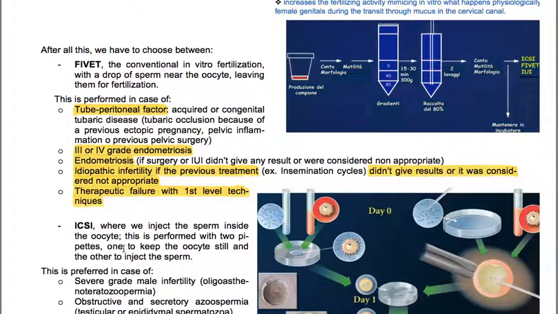ICSI is another technique that we can choose, where we inject the sperm inside the oocyte. This is performed with two pipettes, one to keep the oocyte still and the other to inject the sperm.